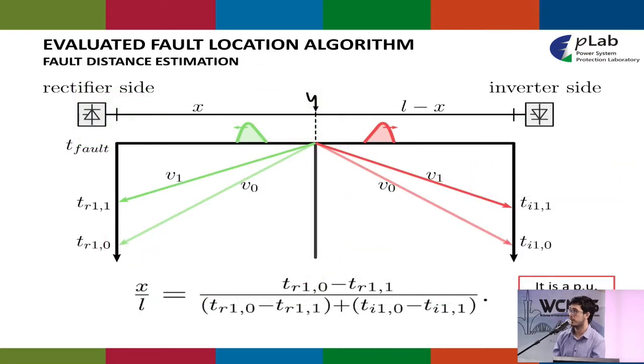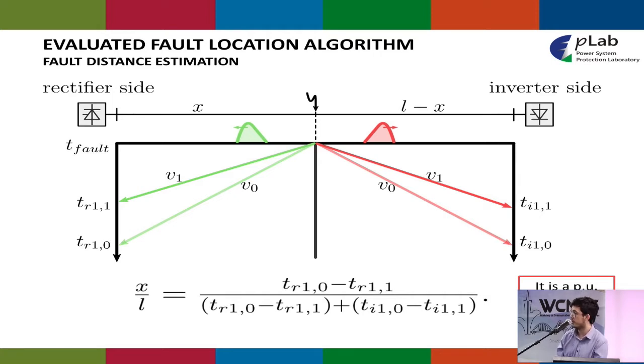Now that we have our traveling waves and the arrival times, we can talk about the fault distance estimation. Using this lattice diagram, one can compute this formulation by the first traveling waves of aerial and ground modes coming into the monitoring terminals.